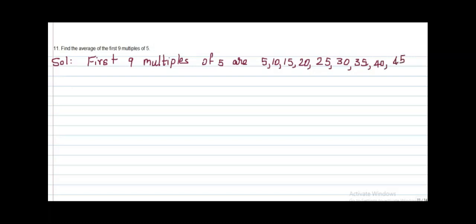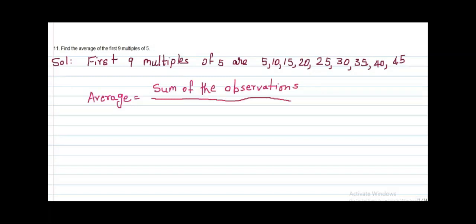These are the first 9 multiples of 5. Now what is the formula to find out the average? The average of a set of observations is given by the formula: average is equal to the sum of the observations divided by the number of observations.